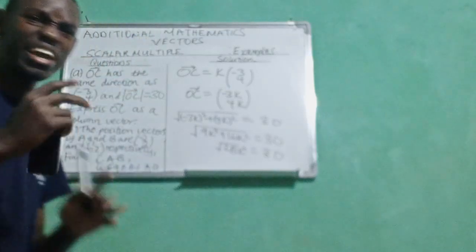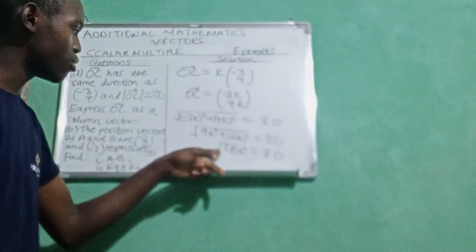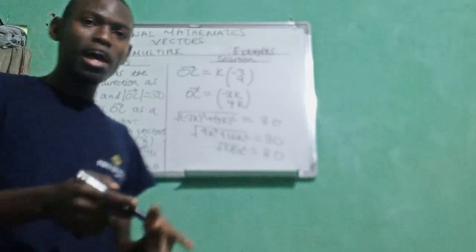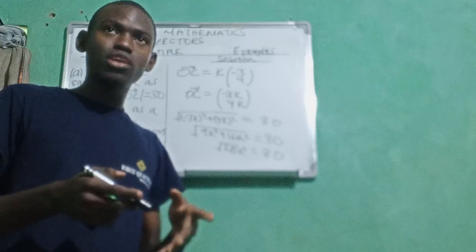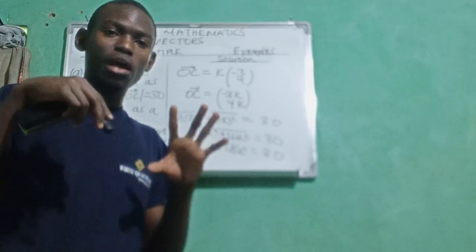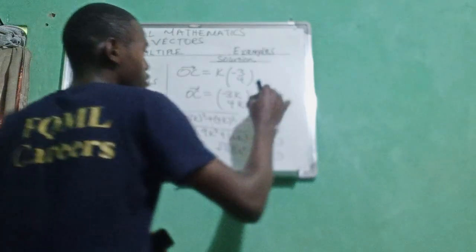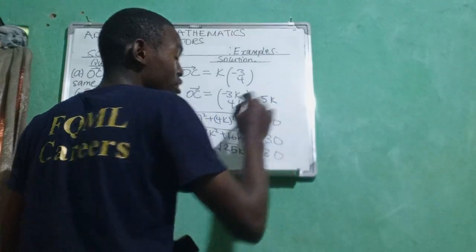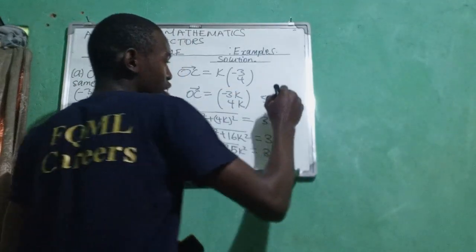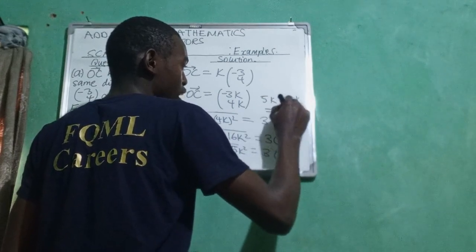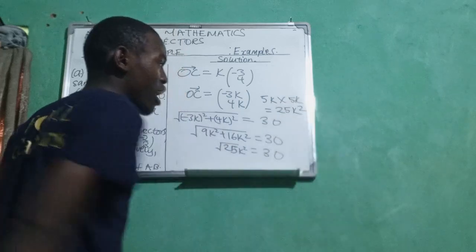There's a very intuitive way of taking the square root. For the square root of 25k squared, what should you multiply by itself to give you 25k squared? That is 5k, because 5k times 5k is going to give you 25k squared.